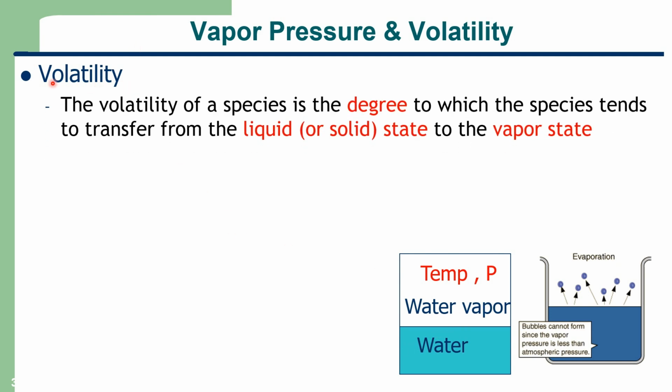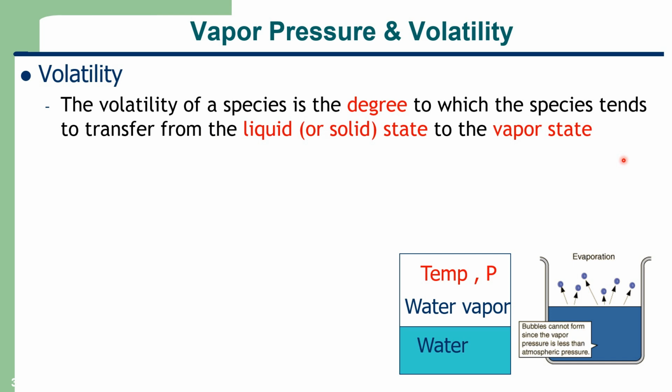Volatility of a species is the degree to which the species tends to transfer from liquid state to the vapor state. That means how easily the vapor can escape from the liquid state to the gas state. For example, if you have alcohol and water, you have two types of molecules.